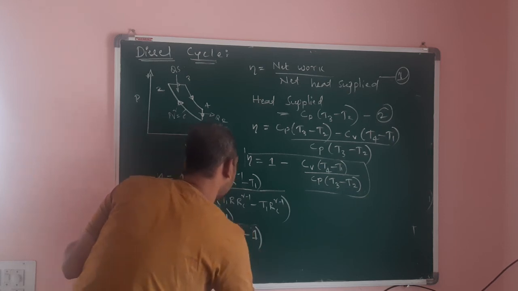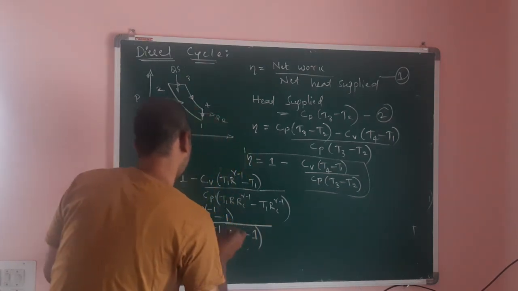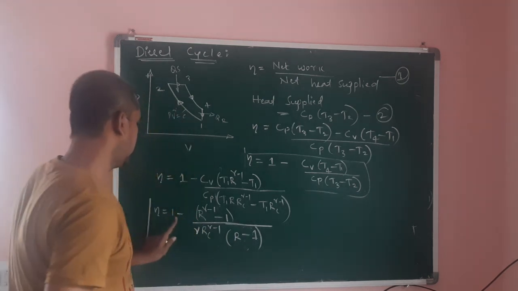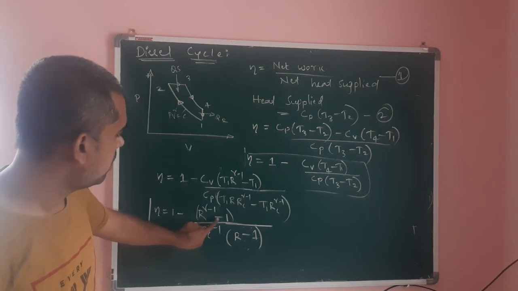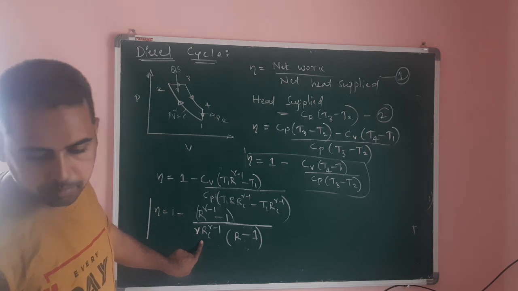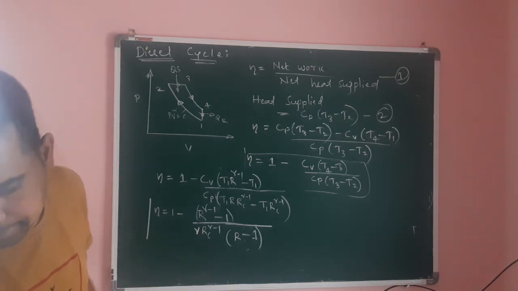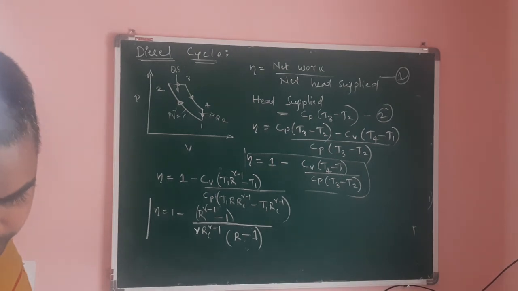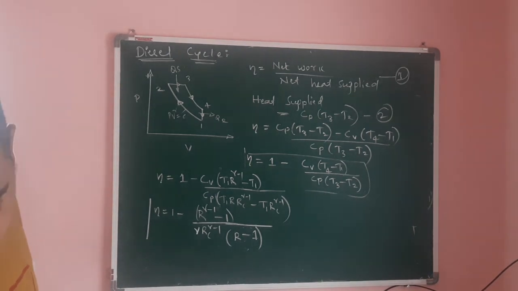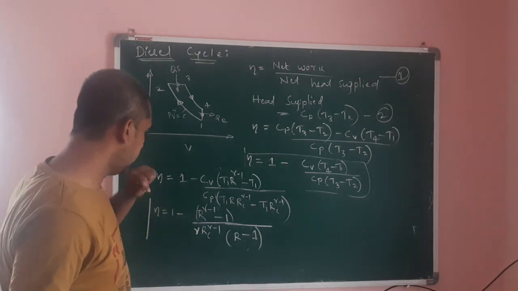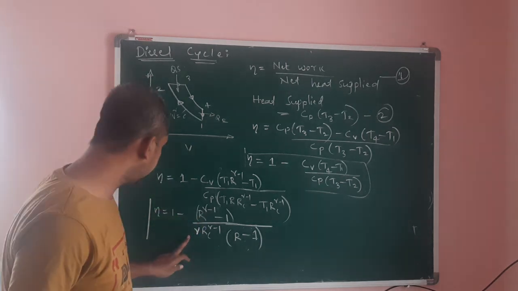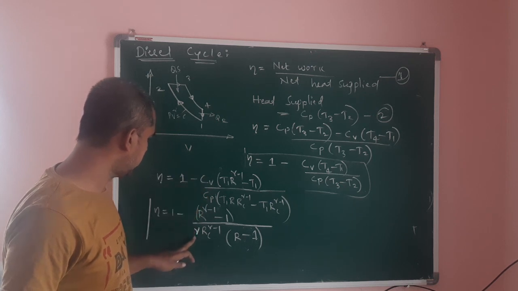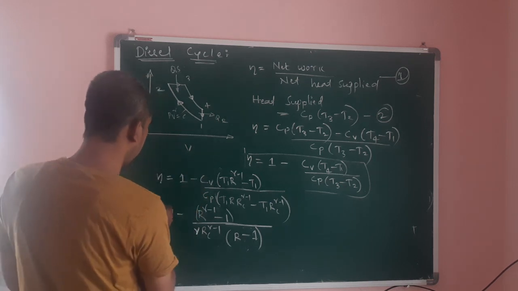This is the expression for efficiency: 1 minus r raised to gamma minus 1, minus 1 divided by gamma, into rc raised to gamma minus 1, into r minus 1.